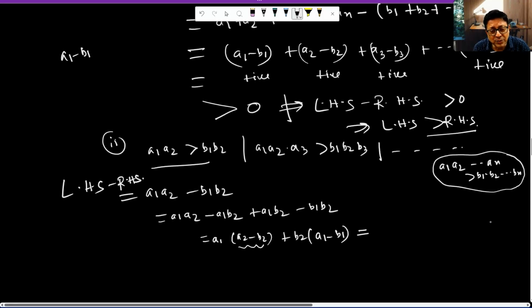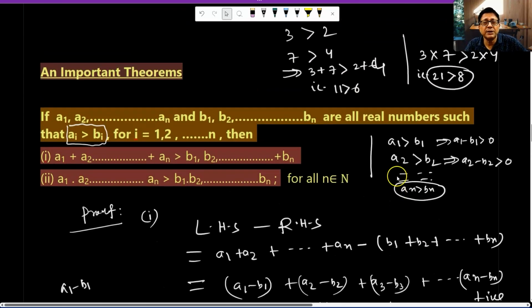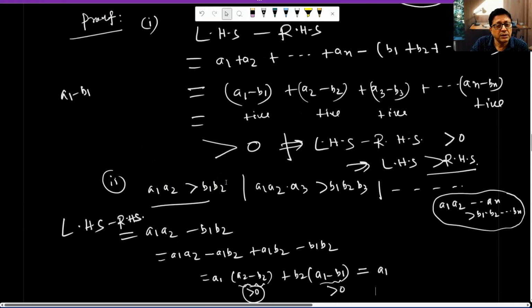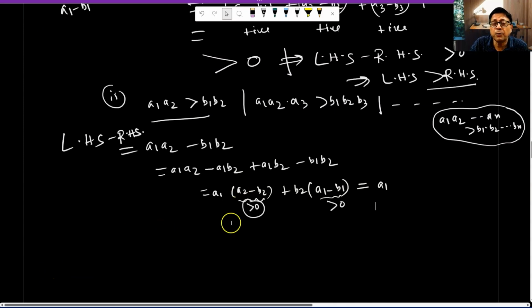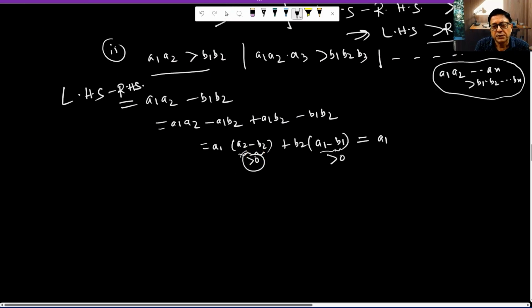In this, A2 minus B2 is greater than 0, you know. A1 minus B1 greater than 0, you know. You see the condition here, all are real numbers, Ai greater than Bi, I said. So this part positive, this part positive, this part positive.